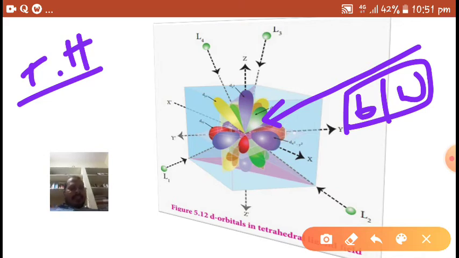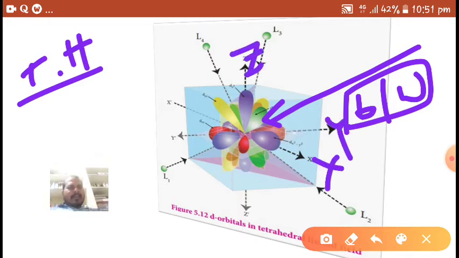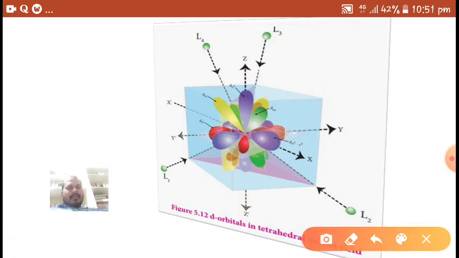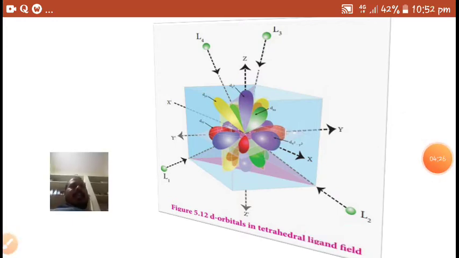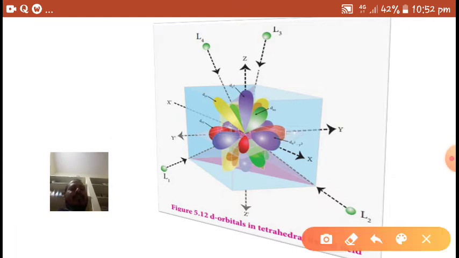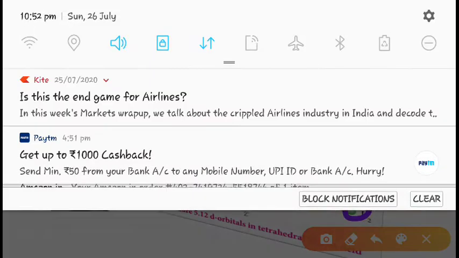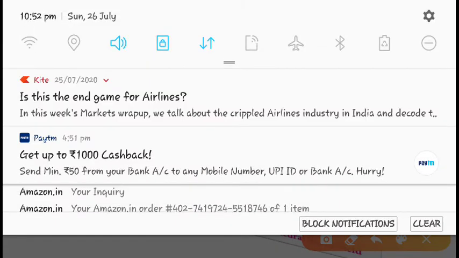Here there is the x axis, y axis, z axis, right? In a tetrahedral complex, the central metal ion is at the center of a cube. The 4 ligands reside at alternate four corners of the cube.